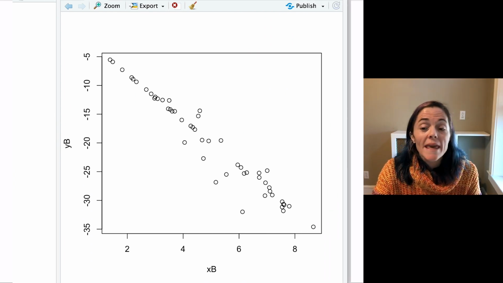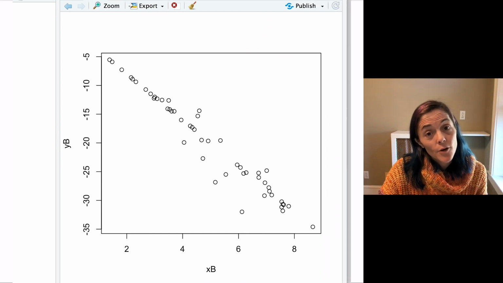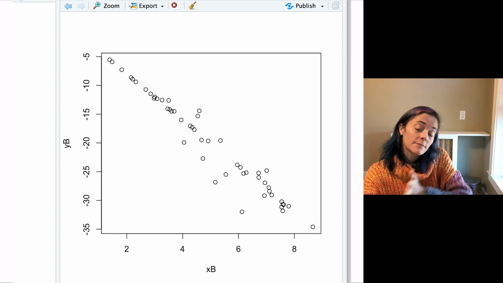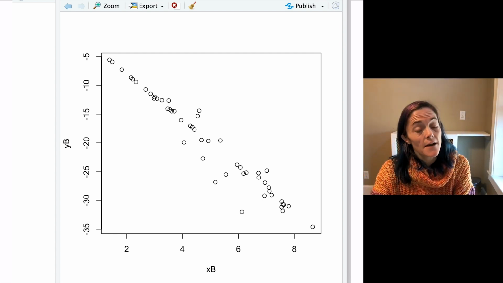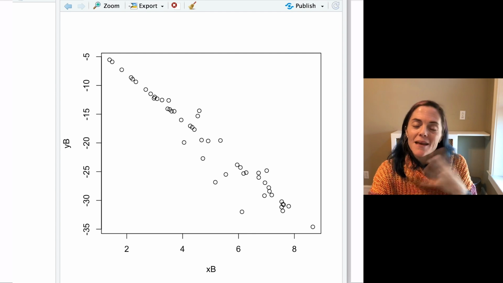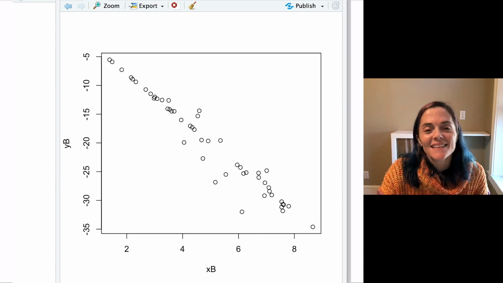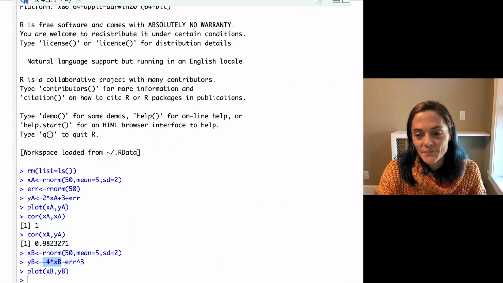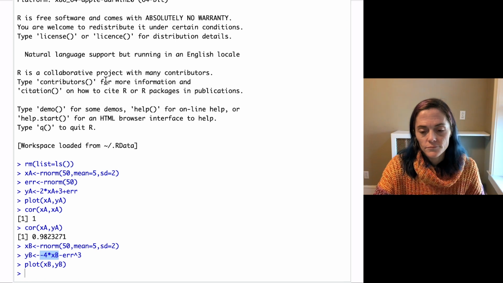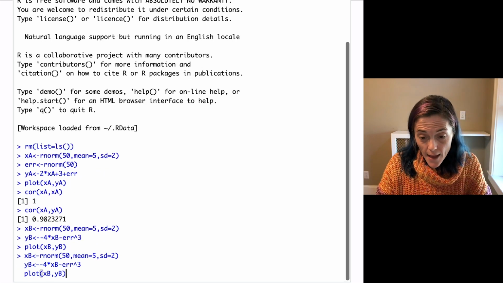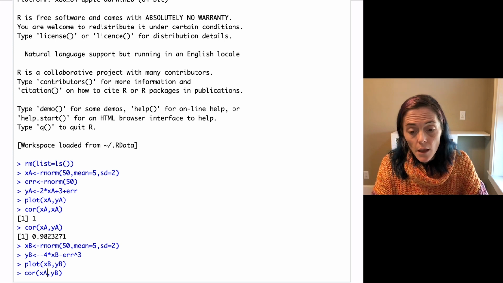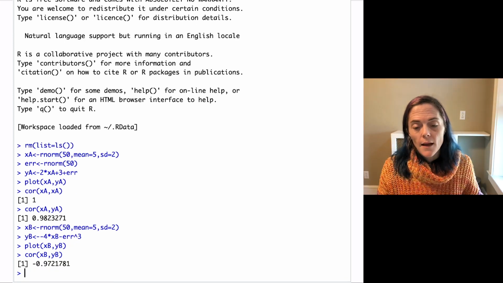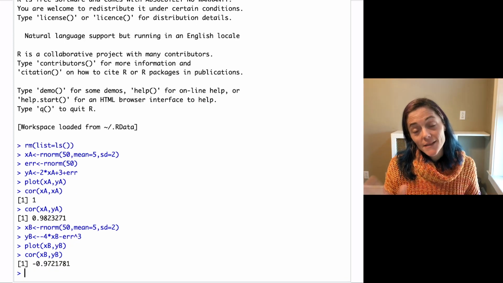Okay, we can once again visually see a linear relationship. Here, this has a negative slope. So I expect this correlation coefficient for this sample to be close to -1. Let's calculate this. We ask for the correlation coefficient between XB and YB. I get minus 0.972.